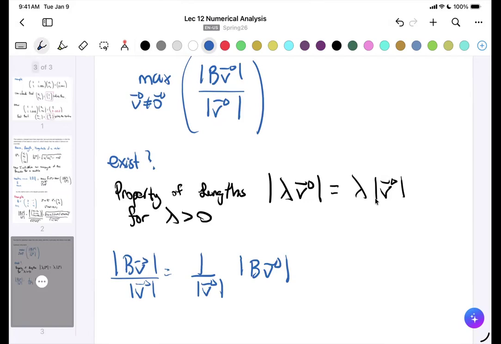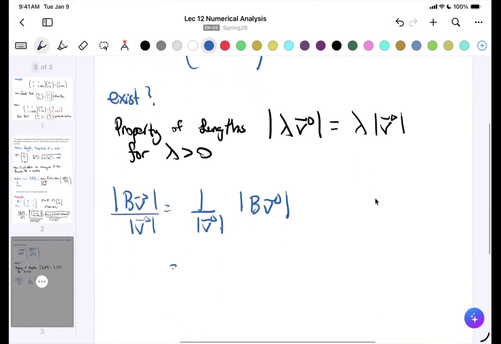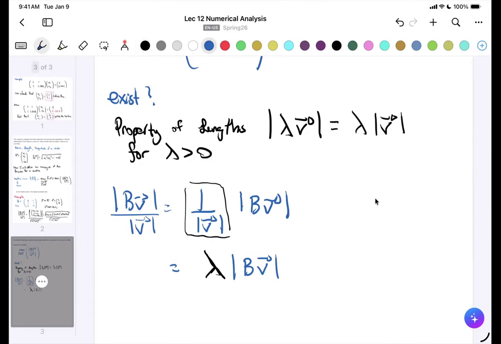So let's call this lambda for now. It has no relation with eigenvalues, by the way. It's just a scalar. Sometimes I call it lambda. But now I will use the property that I just mentioned, where you can reinsert a scalar into the length. So I'll move the scalar back into the magnitude.